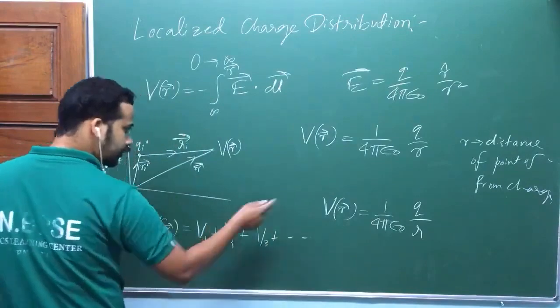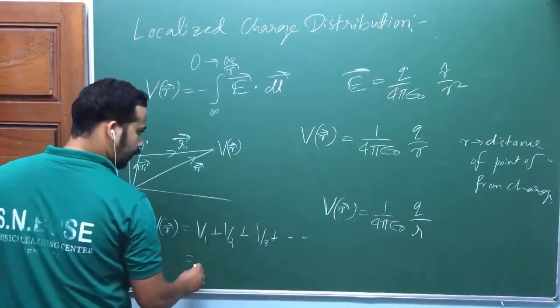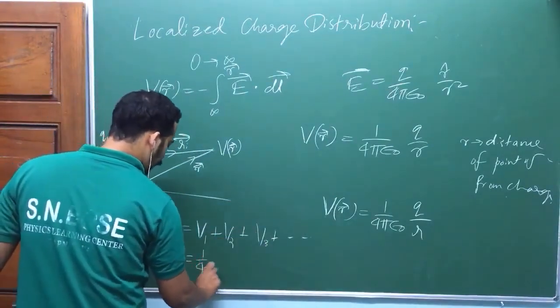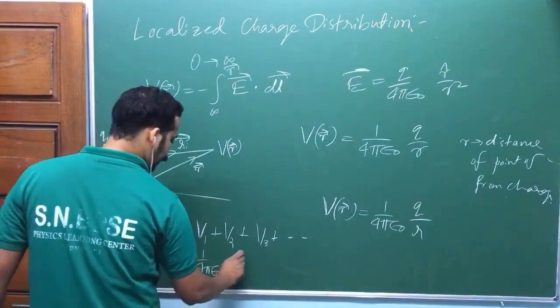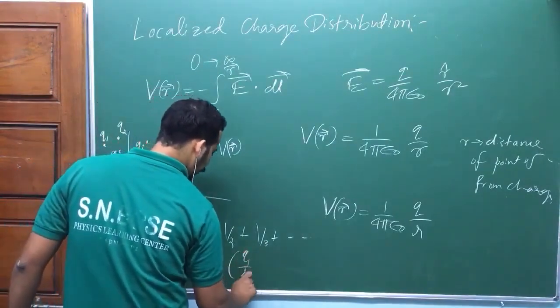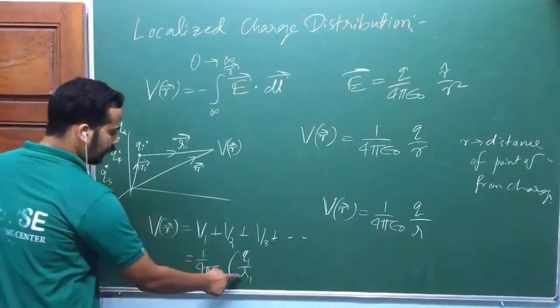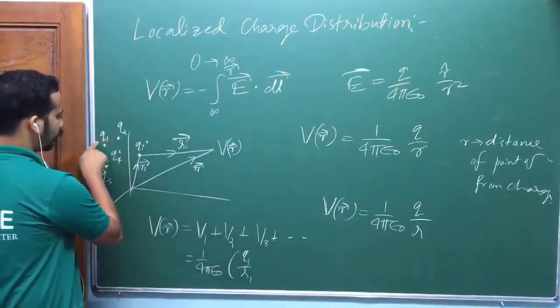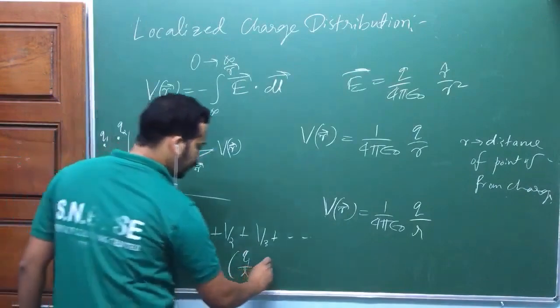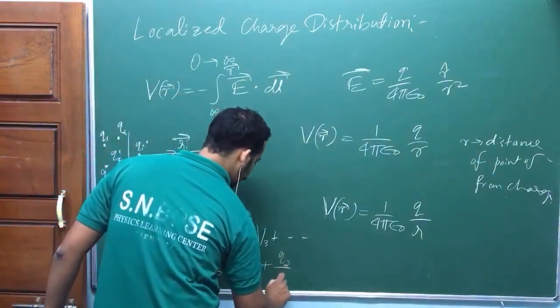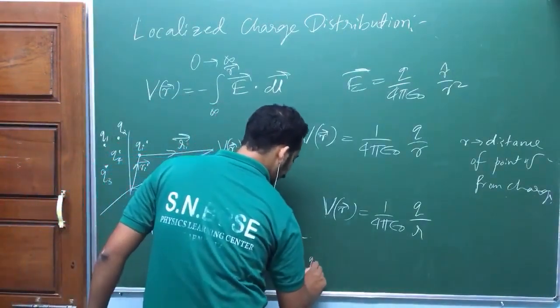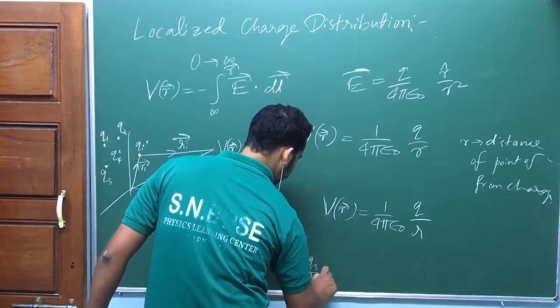When you substitute those individual terms using this formula, what will happen? 1 by 4 pi epsilon naught, Q1 by italic R1, where Q1 is the first charge and italic R1 is the distance of the first charge from this point. So plus Q2 divided by italic R2 plus Q3 divided by italic R3 plus and so on.